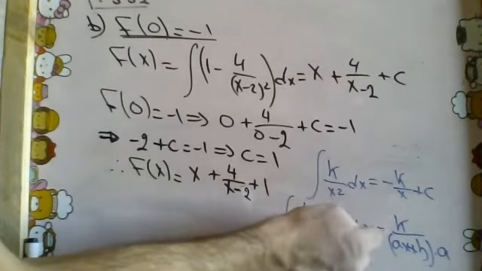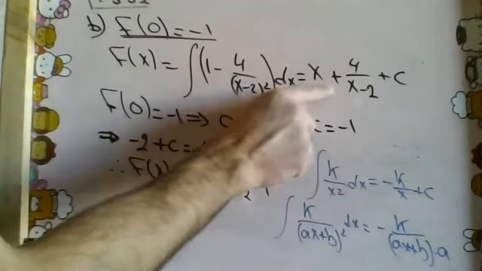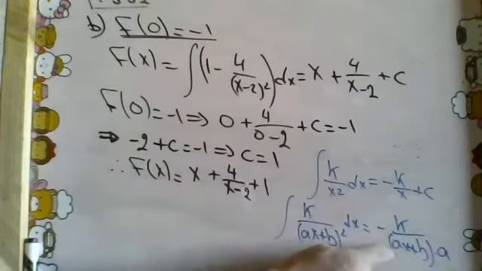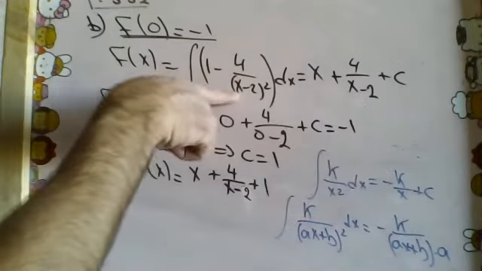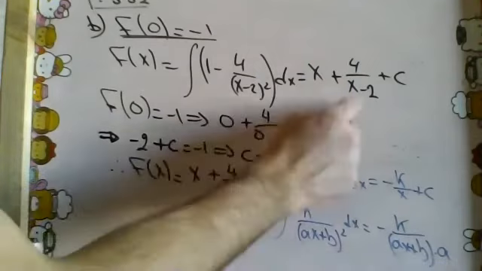Again, when I say negative k, it means change the sign of the coefficient of the constant. Negative 4 will be plus 4 over x minus 2. The coefficient of x is 1, so here we multiply by 1.